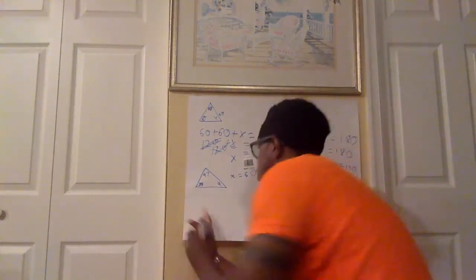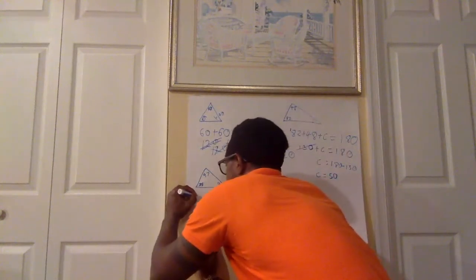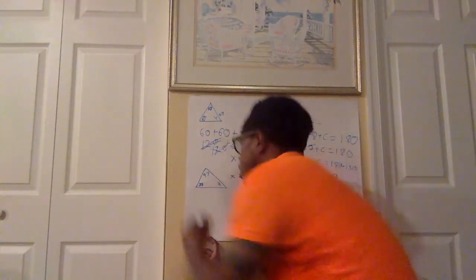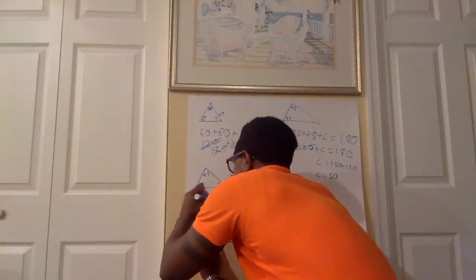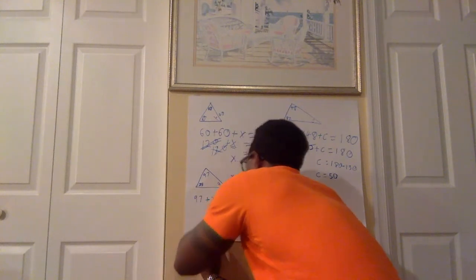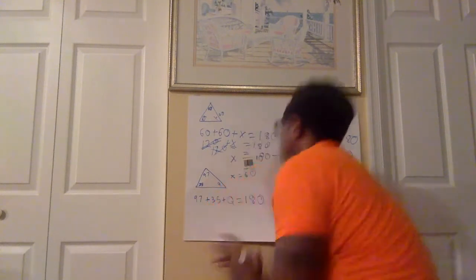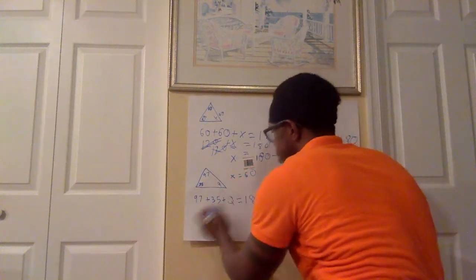What we do know is all angles in a triangle equal 180 degrees. That's going to be 97 plus 35 plus Q is equal to 180 degrees.